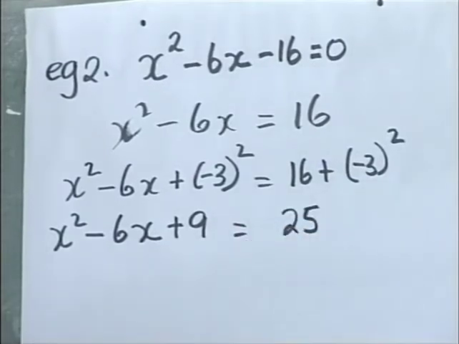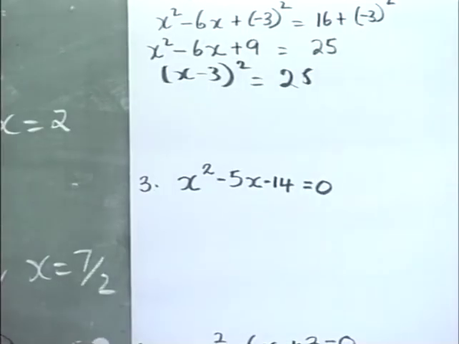Okay, factorize this for me. X squared minus 6x plus 9. Garonamo? X minus 3 squared. Good.